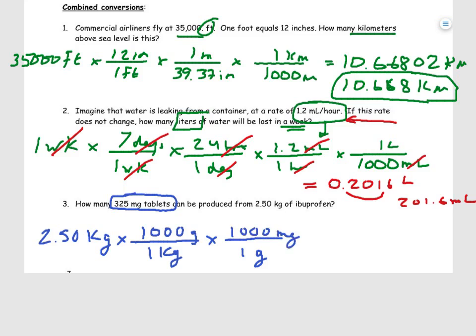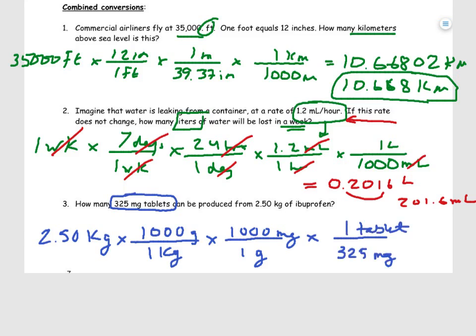So 2.5 multiplied by 1,000 by 1,000 is 1,000,000. That's a lot of milligrams. Now you need 325 of them for 1 tablet. I could take that information and write it as a conversion factor, and I could say there's 325 milligrams in 1 tablet.